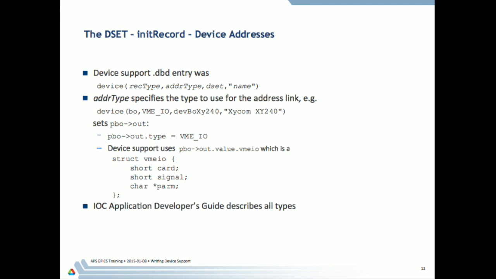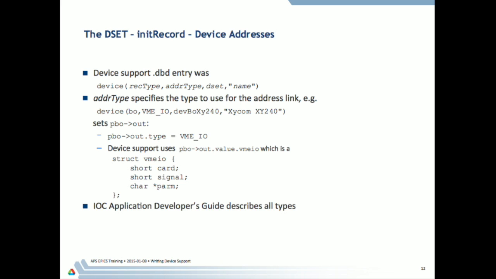So we're looking at device addresses here, and actually I went into the detail as to what all the different device addresses and address types were in the IOC database principles record. In this particular case, the address type, the second argument to that device entry table, specifies what kind of hardware address we can talk to.